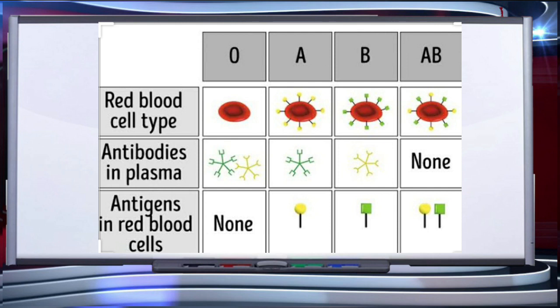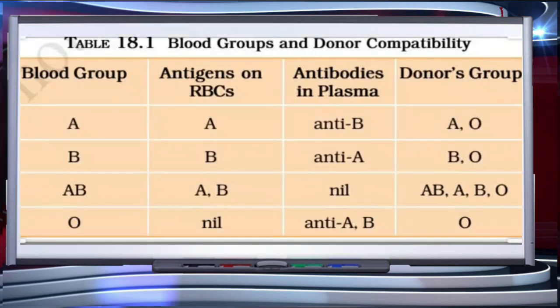We know that during blood transfusion, any blood cannot be used. The blood of the donor has to be carefully matched with the blood of the recipient before any blood transfusion to avoid severe problems of clumping, that is, destruction of RBC.